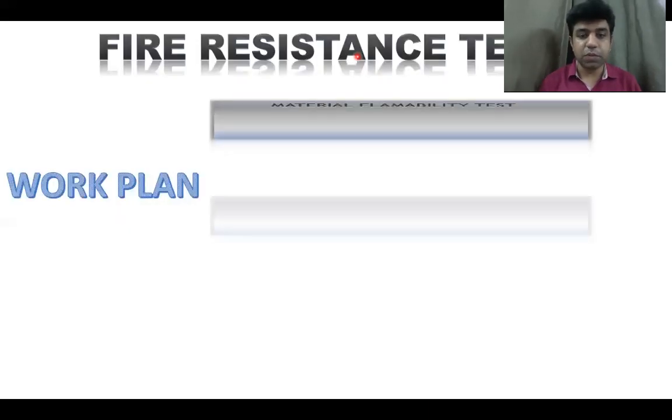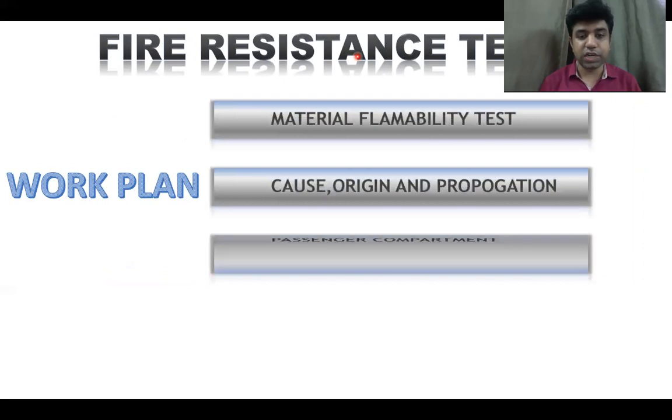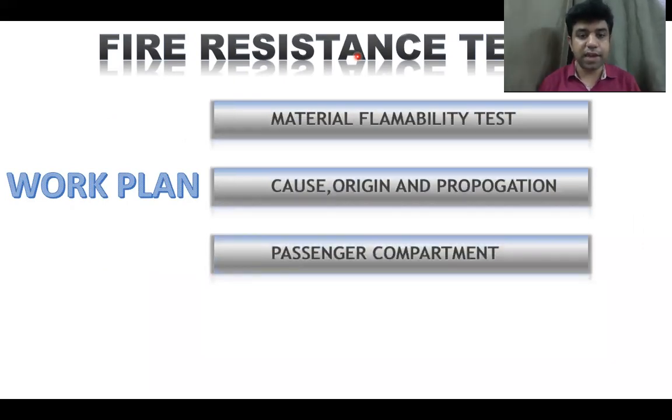So let us first of all understand the work plan, how we need to do the fire resistance test, and what matters a lot. See, the very first aspect in the case of the fire resistance test is the material flammability test. Whatever material we are using in the automobile, individually we need to analyze at what temperature it catches fire, or how much resistance it offers to the fire.